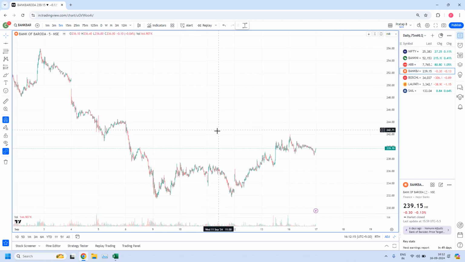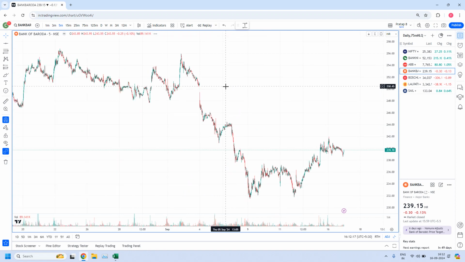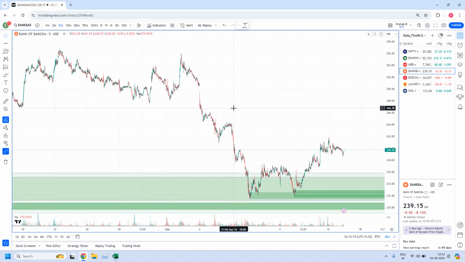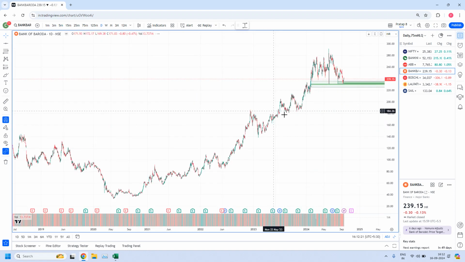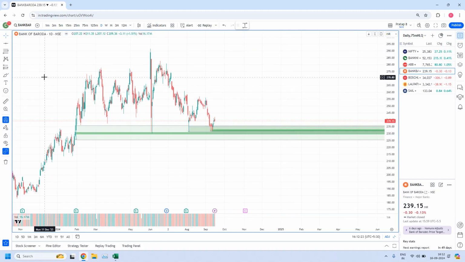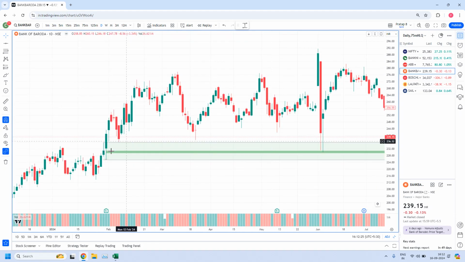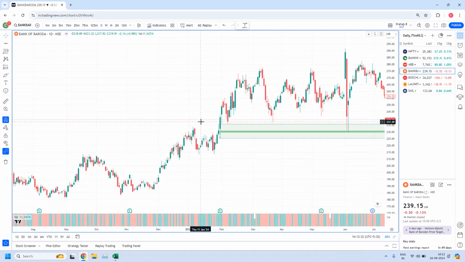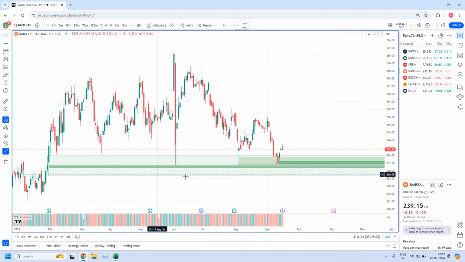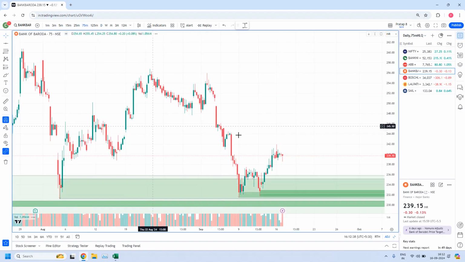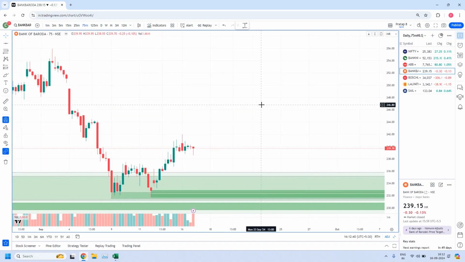Next one is Bank of Baroda. Bank of Baroda is also a daily high liquidity zone. Rally, base, rally. This is the daily high liquidity demand zone. And let's go to the 75 minutes time frame. Here we have a drop base at the hidden body.